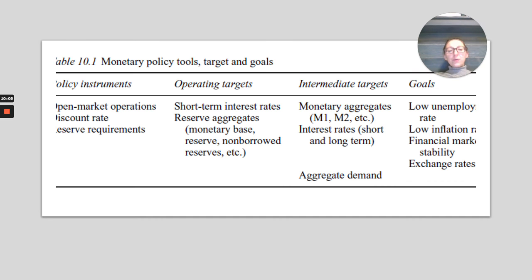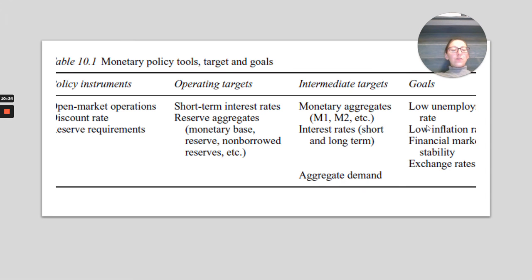So we can put everything in a table here, which would say what are the most popular goals of the central banks, what are its operating targets and intermediate targets. Aggregate demand is an intermediate target.